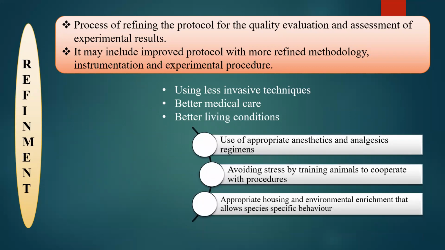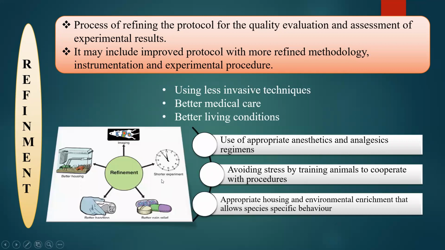For this, use of appropriate anesthetics and analgesic regimens is followed. Avoid stress by training animals to cooperate with procedures. Then appropriate housing and environmental enrichment that allows species-specific behavior.